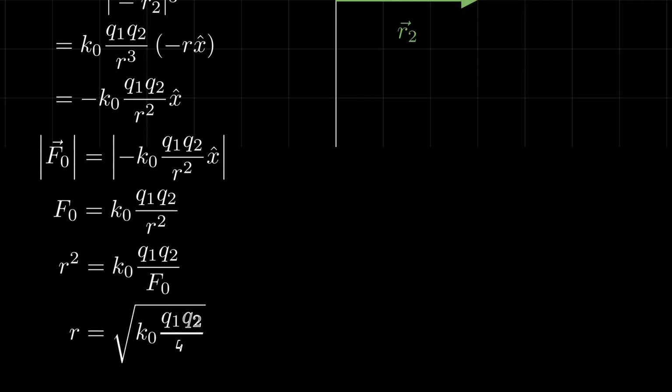Thus, we multiply by r squared on both sides, take the scalar product with the versor x hat, and divide by F0 on both sides. As we want r and not r squared, we extract the square root and select only the positive value, since there is no physical sense for a negative length r. This is a physical step, that is, a choice of physics.